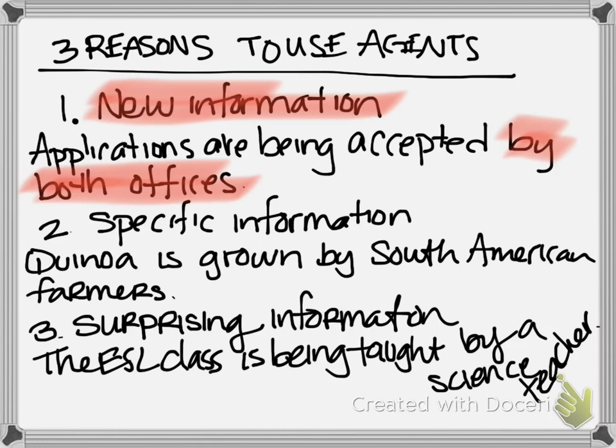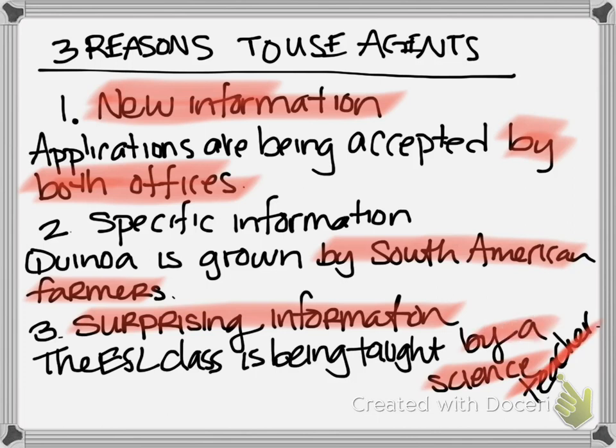So for example, quinoa is grown by South American farmers. Here we have South American farmers. And finally, we have surprising information. So for example, the ESL class is being taught by a science teacher. That would be surprising information. Okay, so it must be new, specific, or surprising information.